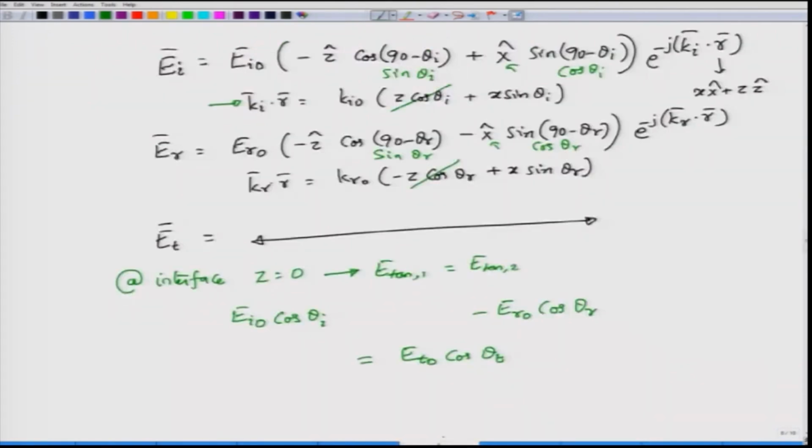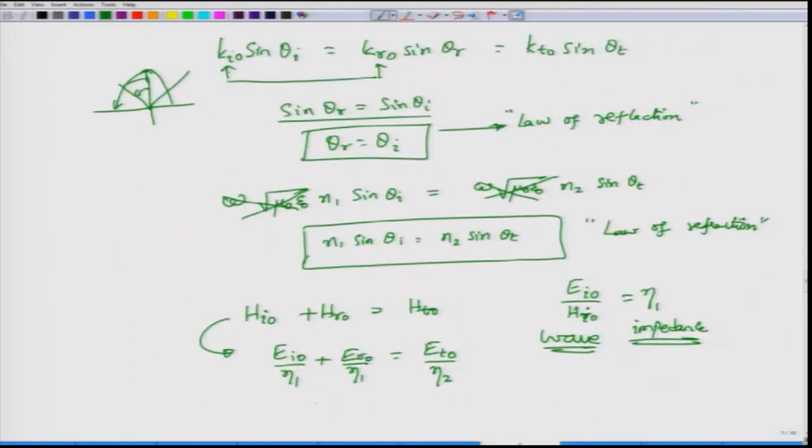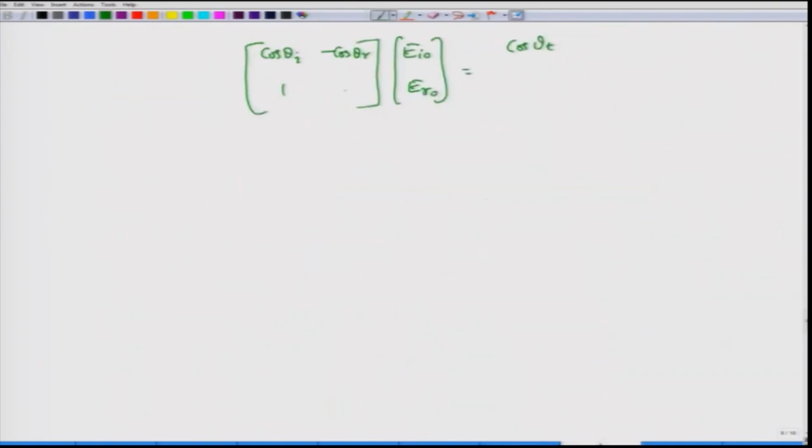The other condition, from the magnetic field, is E_I0 plus E_R0 equals eta 1 by eta 2 times E_T0, so in matrix form that is 1 and 1, equal to eta 1 by eta 2 times E_T0.